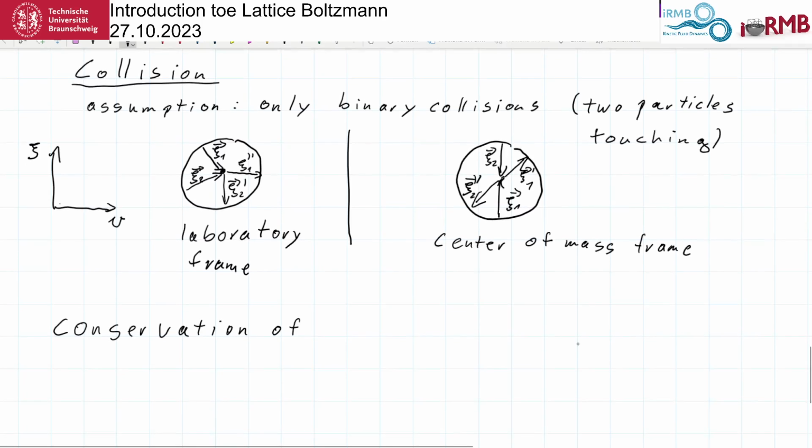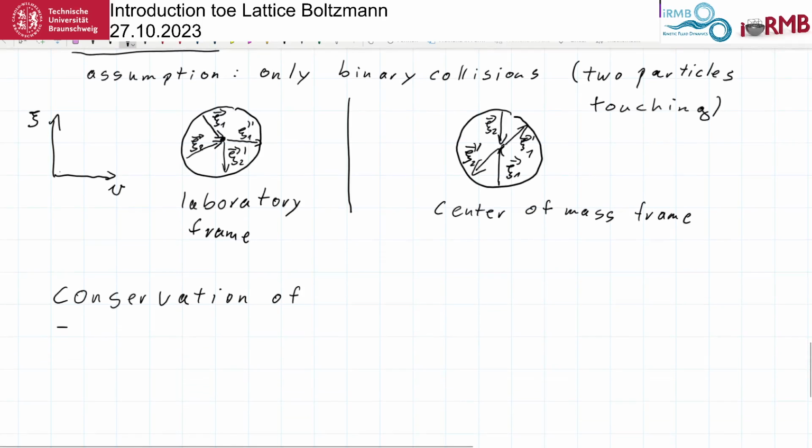So, question: what do collisions like this actually conserve? There's one thing that is so obvious that it's no longer obvious. Momentum. Yeah, there is something more. The momentum is correct. I put this third in my list.